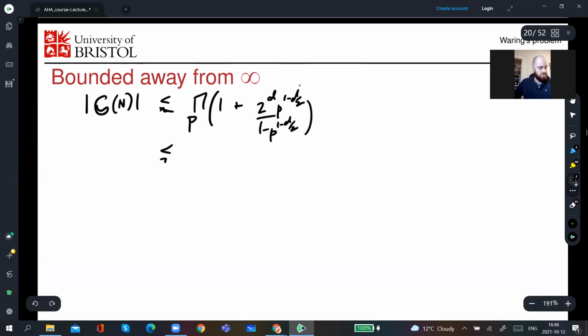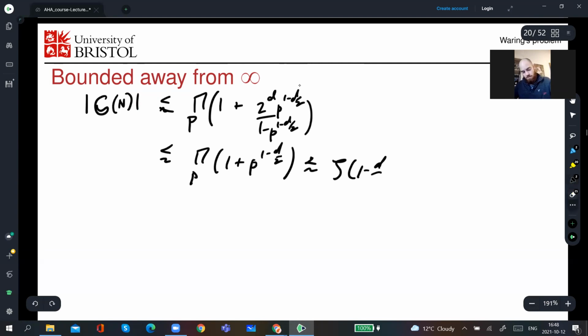That is really just at most a product over all primes of 1 plus p to the 1 minus d over 2, which one might realize is just the Riemann zeta function at 1 minus d. Oh, sorry, d over 2 minus 1.